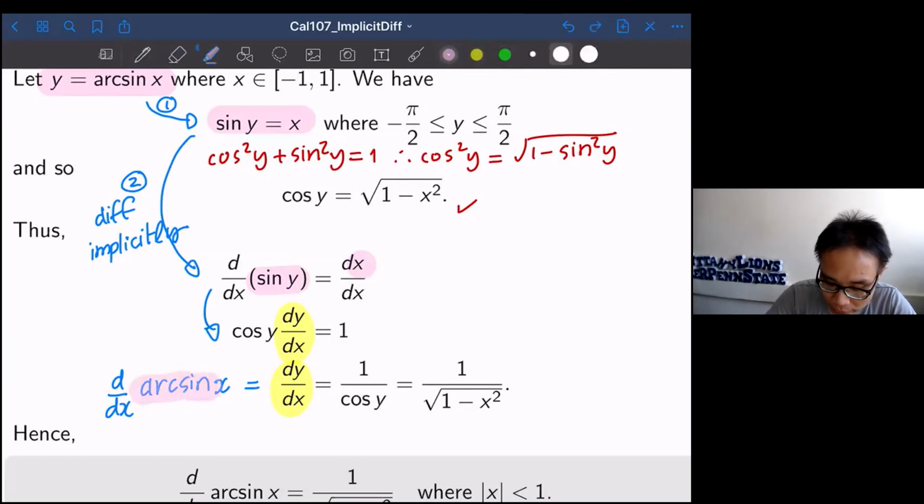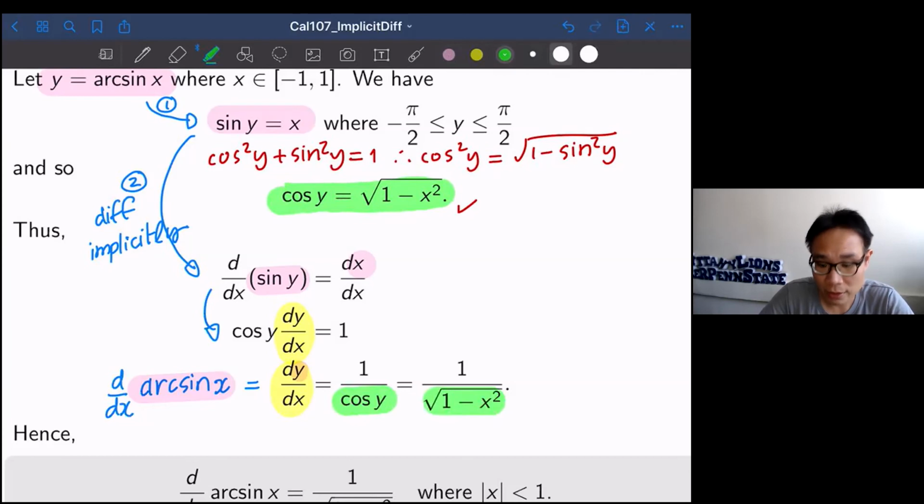So you have d/dx of arcsin x, and the derivative of arcsin is going to be 1 over square root of 1 minus x squared. Don't forget we solved for cos y already, so cos y is this term: cos y equals square root of 1 minus x squared.